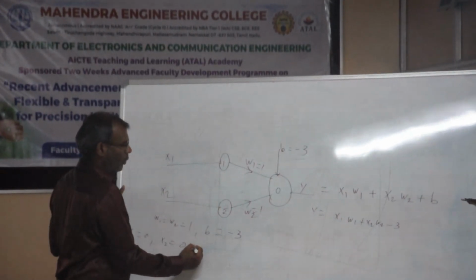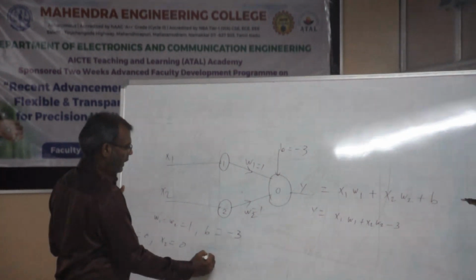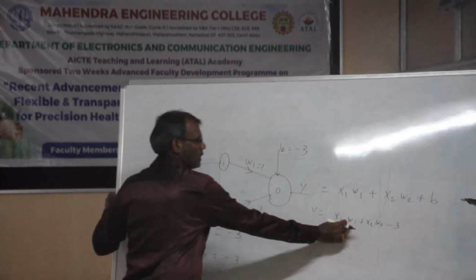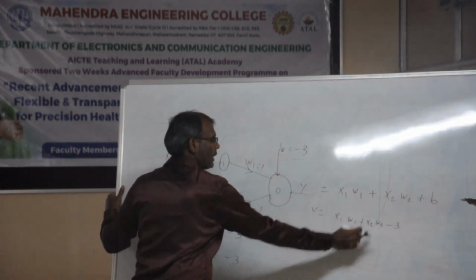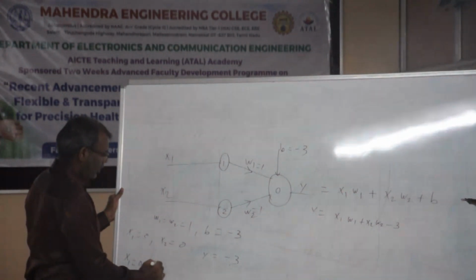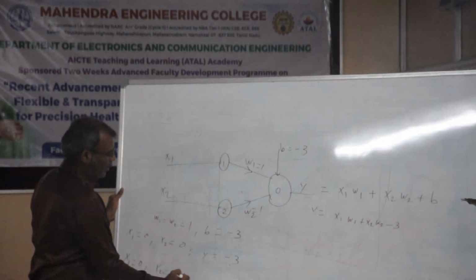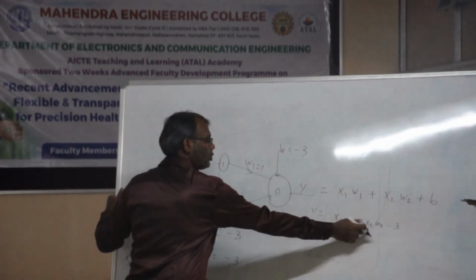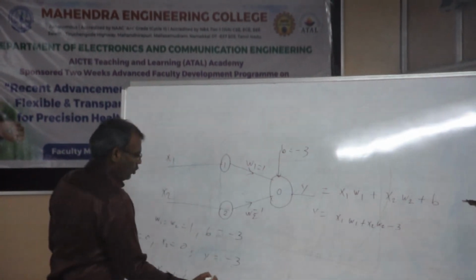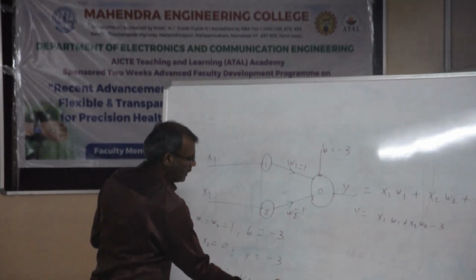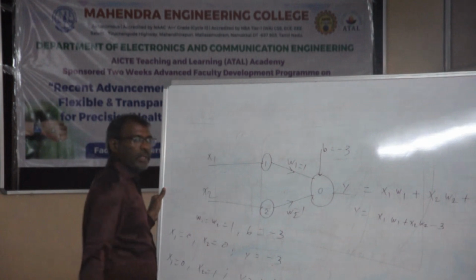x1 is equal to 0, x2 is equal to 0, then what is your y? y is equal to minus 3. This component is 0, this is 0 because x1, x2 are 0. Then the second input, x1 is 0, x2 is equal to 1. What is your y? x1 is 0, so this is 0, x2 is equal to 1, W2 is 1, so 1 minus 3, you will get minus 2.